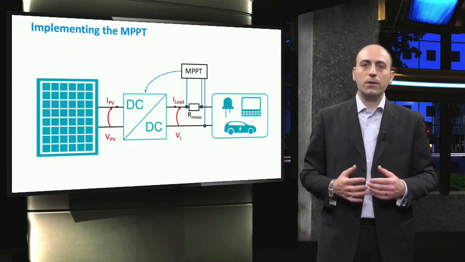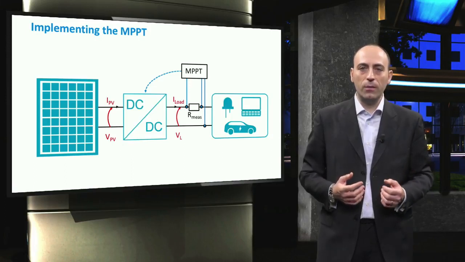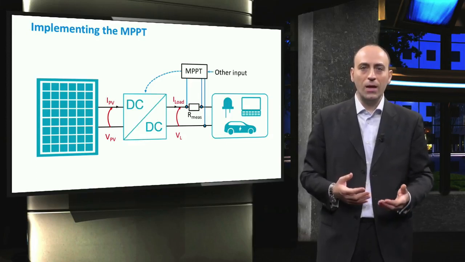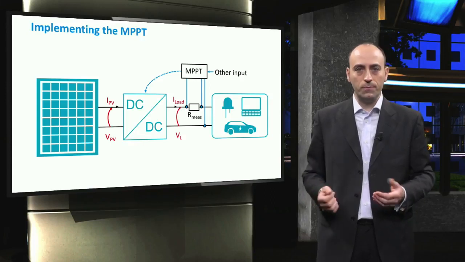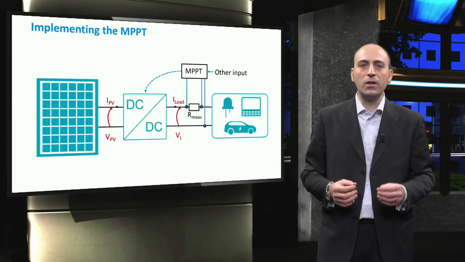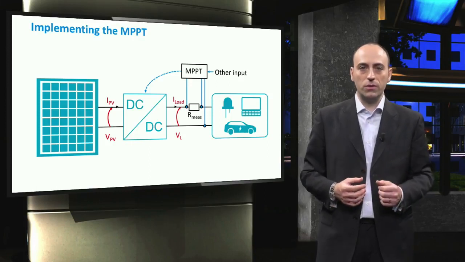Of course, the topology can be made more complex depending on the MPPT algorithm and some other information that might be provided to the MPPT, for example, the temperature of the module and the outcome before the load. In this way, the PV power is maximized by measuring the current and voltage and simultaneously varying the DC-DC voltages.